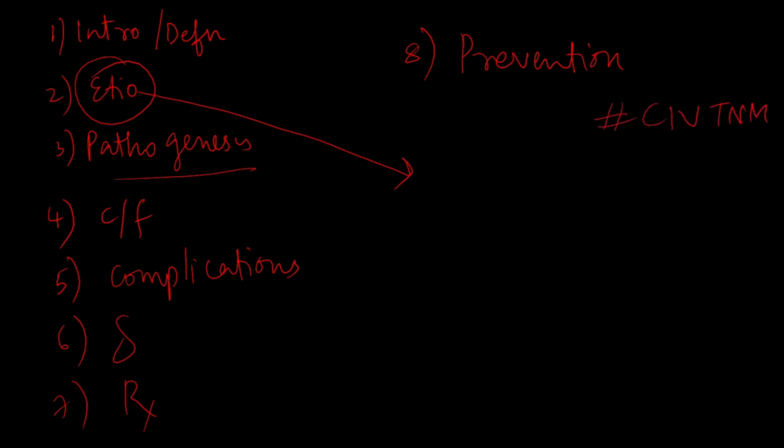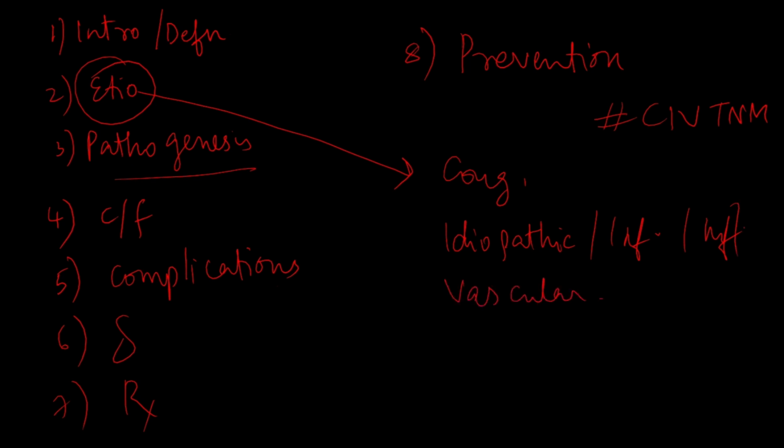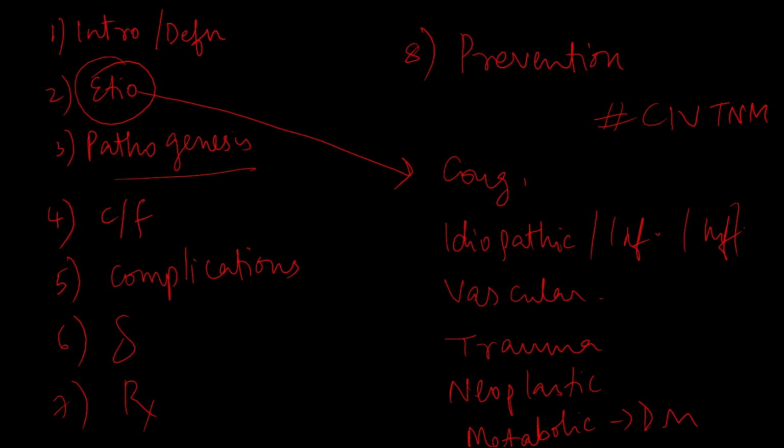You can divide etiology or the causes like congenital, idiopathic, or inflammatory, infection, inflammation, vascular causes, trauma, neoplastic, metabolic, such as diabetes and other things. I would advise you to take a screenshot of this and write long essays in this format only.